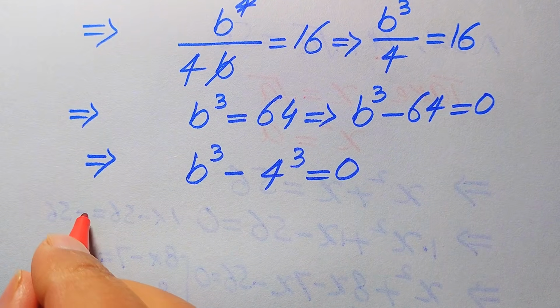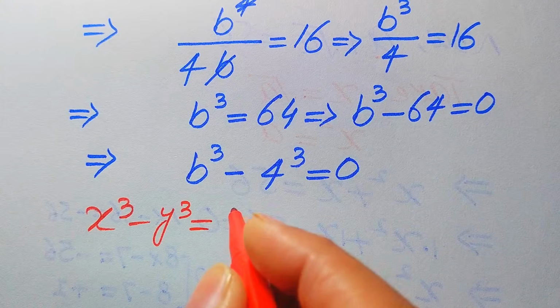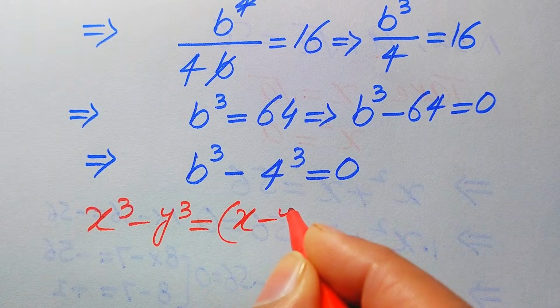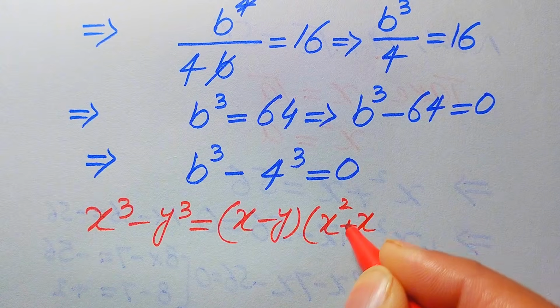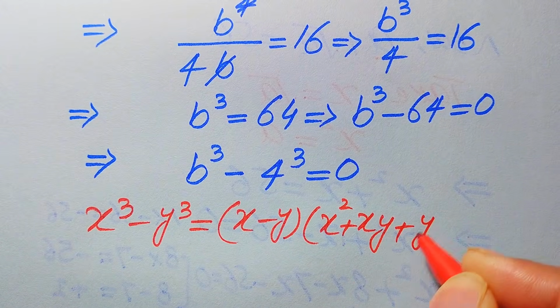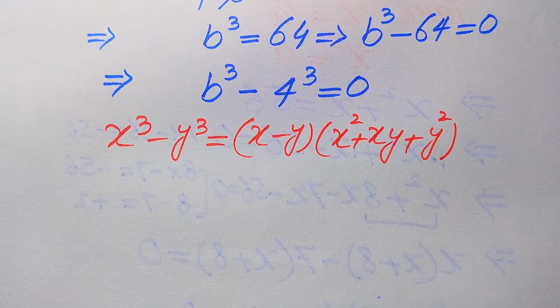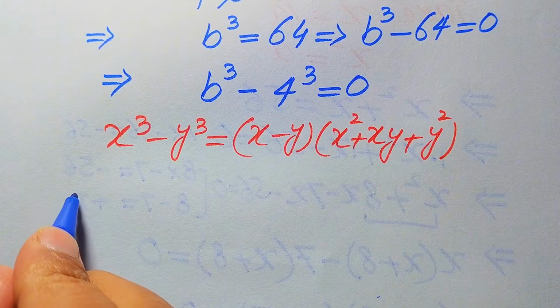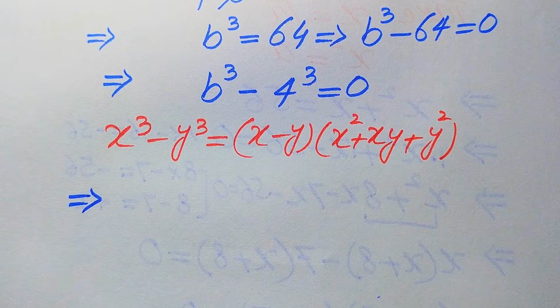You know that x cubed minus y cubed is equal to x minus y times x squared plus xy plus y squared. So this is our cubic formula, and we substitute the values of x and y into this formula, and we easily get the simplified form of the above equation.